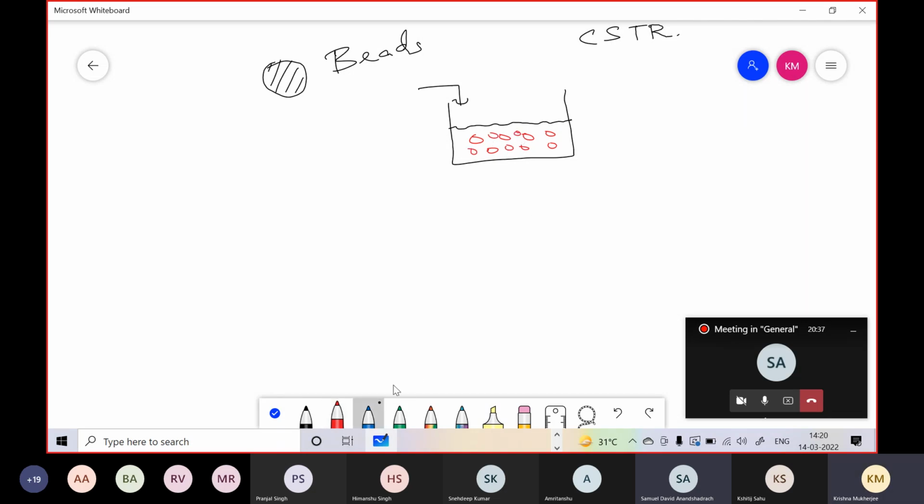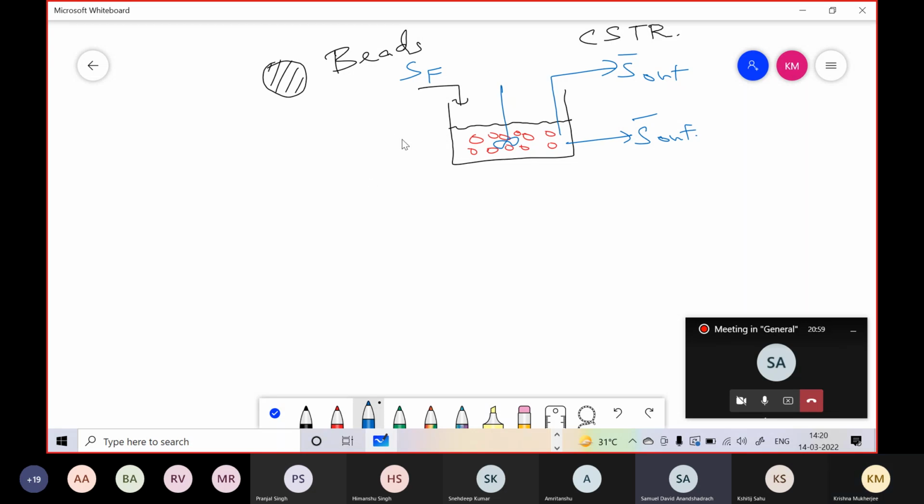And so you have substrate coming in, now it is SF or S feed, and you have an S out. Please remember that the substrate concentration inside is also S out. This is a CSTR, not a batch where the concentration of substrate is changing. It is fixed. It's steady state.